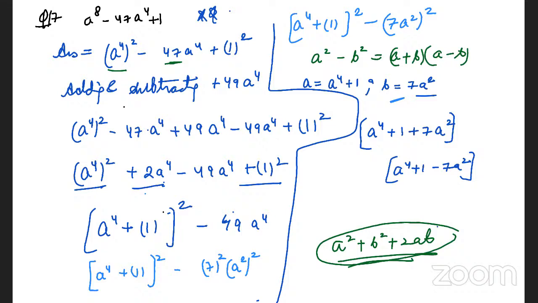Minus 47 is there, I have to make it 2. So that's why I took 49, so that when you solve it, you will get 2 and you can use the property. So if the sum was different, we could choose any number that would get it to 2a^4, so that we can use the property. Write it down quickly.